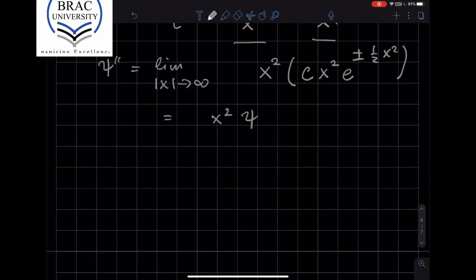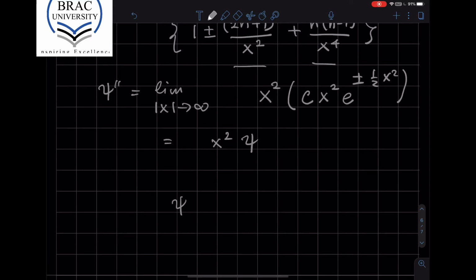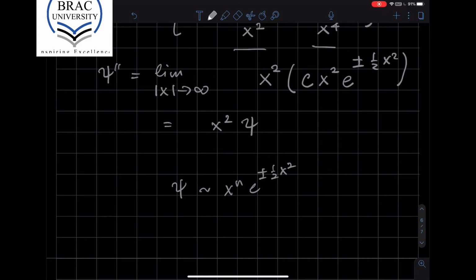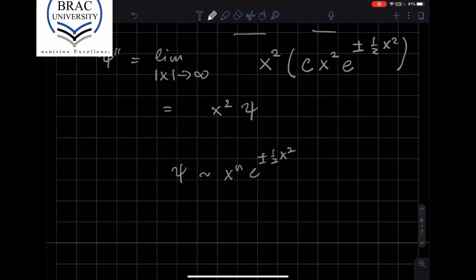So we see that this thing has the form of some x to the power n times e to the power plus or minus half of x squared. Of course, we want to take the minus sign here because we want it to be normalizable.